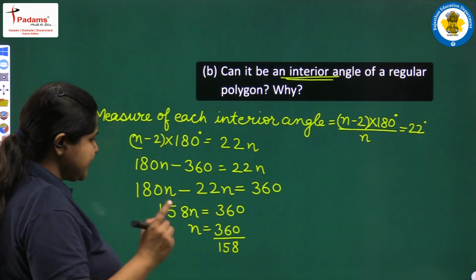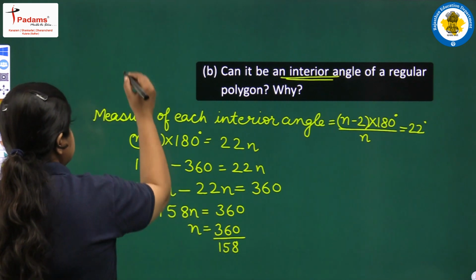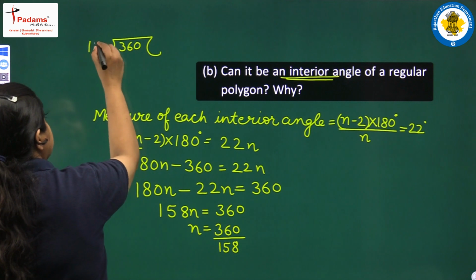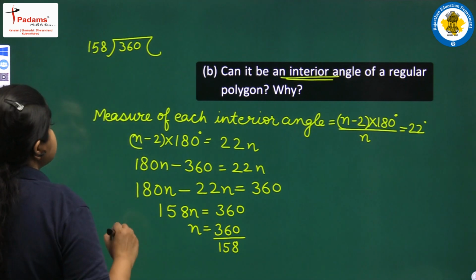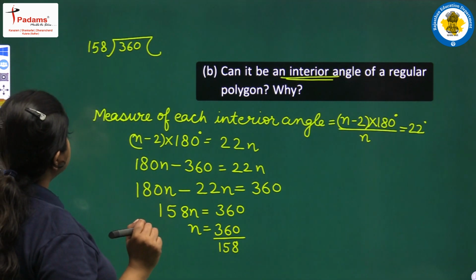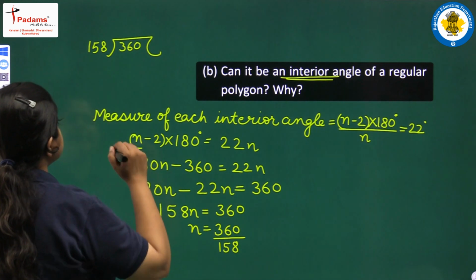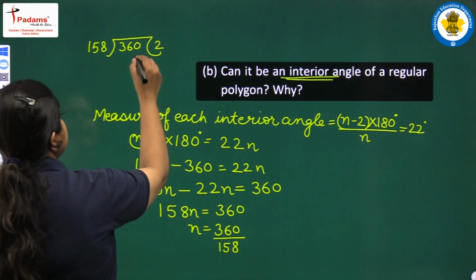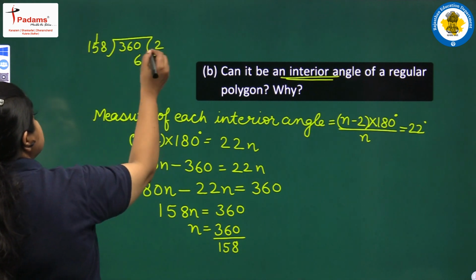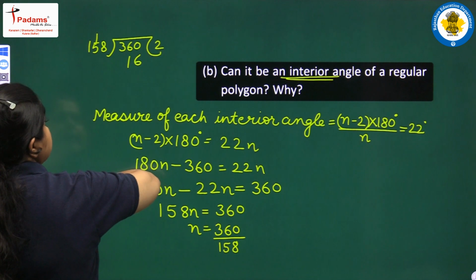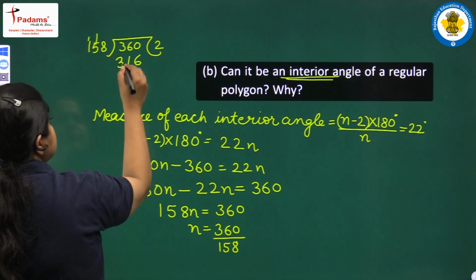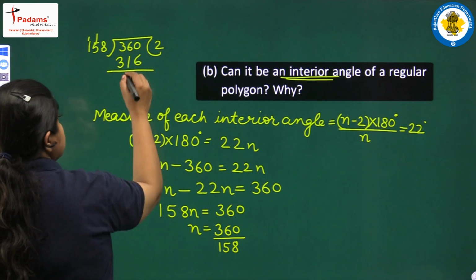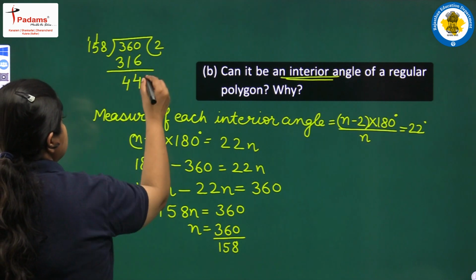Again let us divide this 360 by 158. What we will get is, take the multiple of 2, 2 5s are 10 and 1, let us multiply by 2, 2 8s are 16, 1 carried, 2 5s are 10 and 1 11, 2 1s are 2 and 3, okay. 10 minus 6 is 4, then 5 minus 1 is again 4.